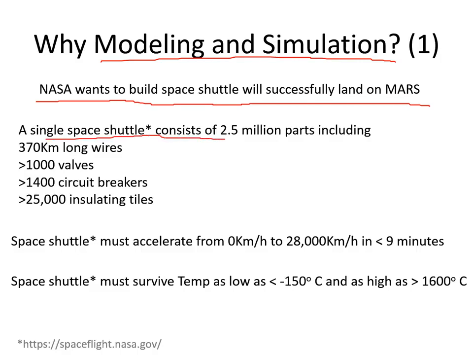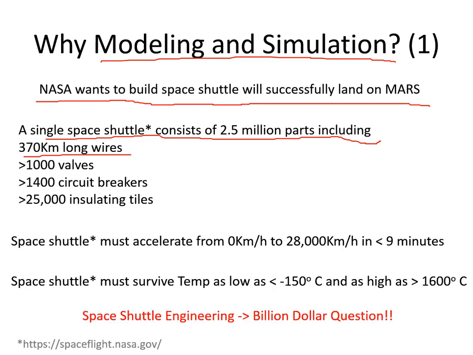So based upon the information that I gathered from the NASA website, a single space shuttle may consist of up to 2.5 million different components or parts. And these include electrical wiring that can be as long as 370 kilometers.